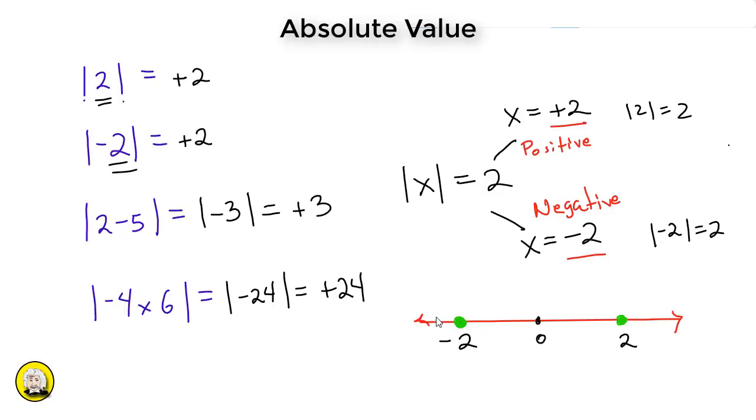And one way to think about the absolute value is the distance from 0, in this case 2. And that's true in either direction, whether you're going positive or negative. You'll have a distance of 2 from the 0 to your solution set, and that is to -2 and 2.